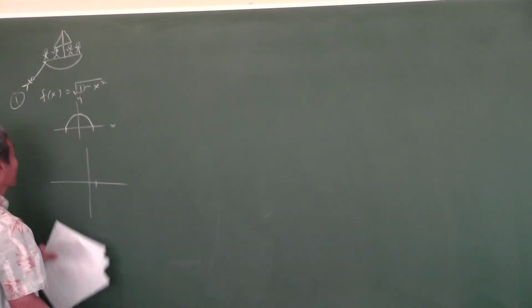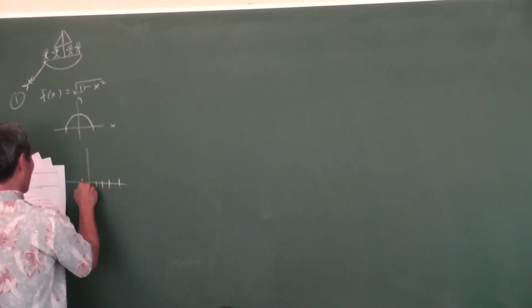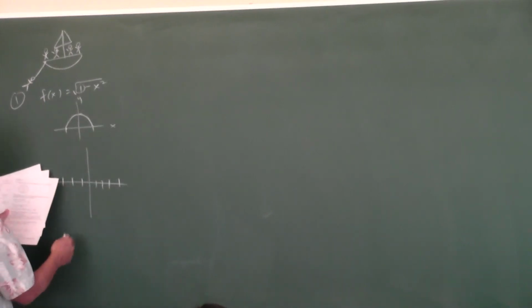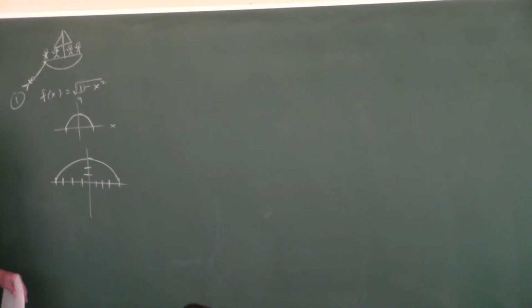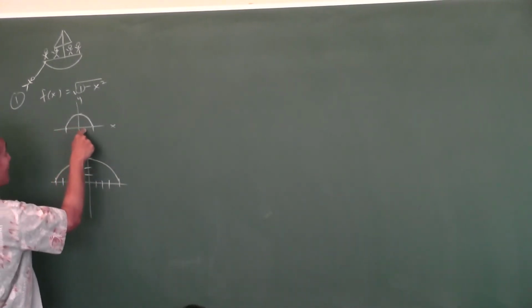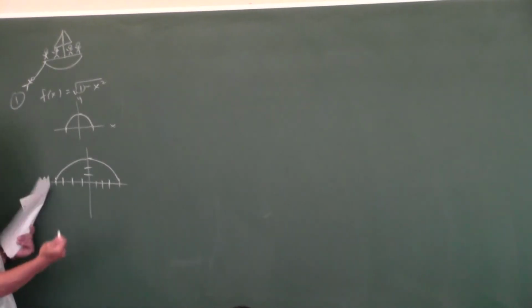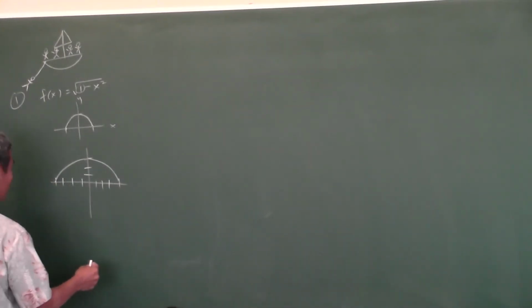Okay, what are we doing? Oh yeah, we're doing 1A. 1A and B are the same thing except different. Okay, what do I have to do to this graph to get this graph? It looks like a semicircle, but you stretch it, except now it's half an ellipse instead of half a circle.